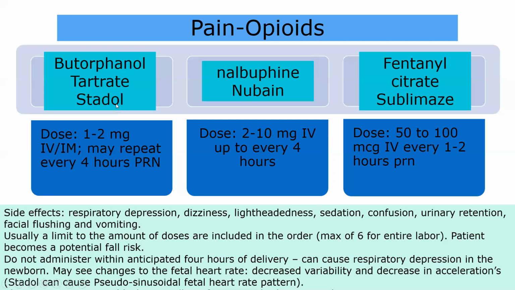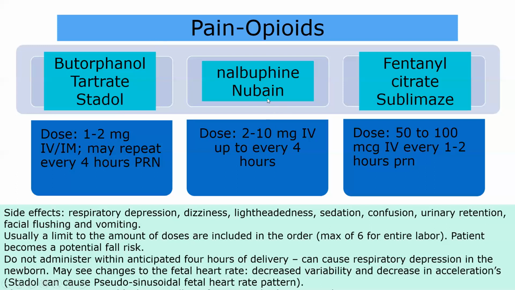All opioid pain medications that we're using in pregnancy can cause respiratory depression in the newborn. So we don't want to give this type of medication very close to anticipated delivery. So that's why Stadol is not used when we're actively laboring.